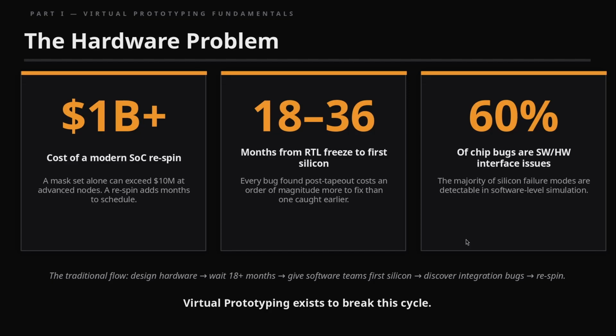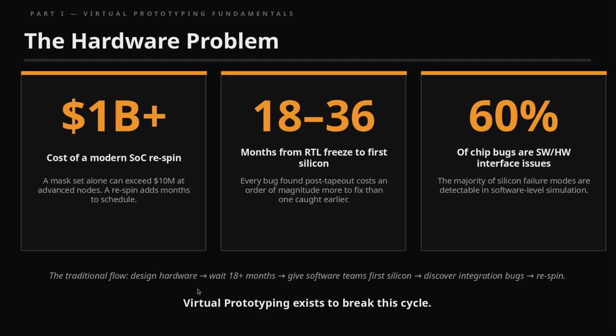So the traditional flow looks like this, where you design your hardware, then you wait many months, and your embedded software developers are just sitting ducks who don't have anything to run their firmware on. After so many months they discover more bugs, and then it goes for respin. So it is very bad, and this is what happens in the industry, especially in the case of complex SoCs.